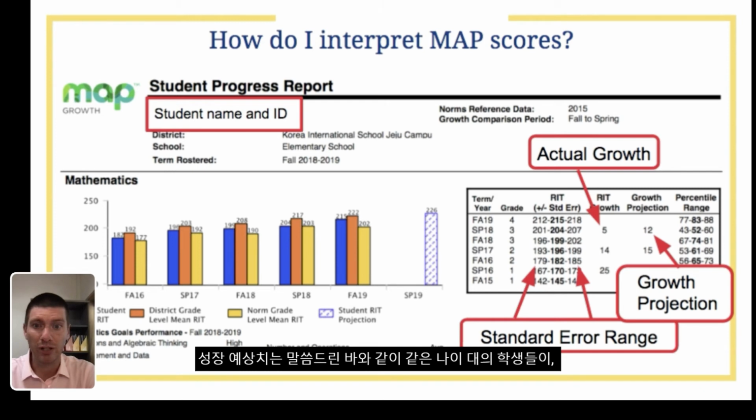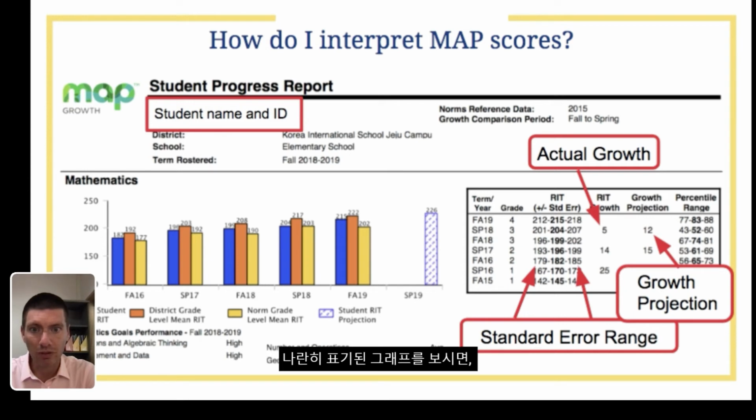The growth projection is, as mentioned earlier, the improvement that children of the same age as your child typically achieve when they do the same test again in the spring. In this table, there is also the actual growth your child made from fall to spring. It aligns with the graphs.